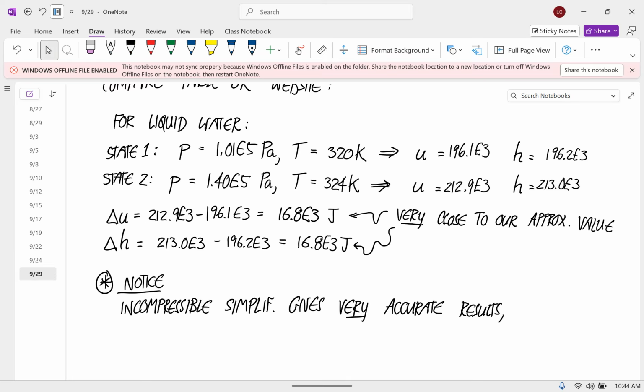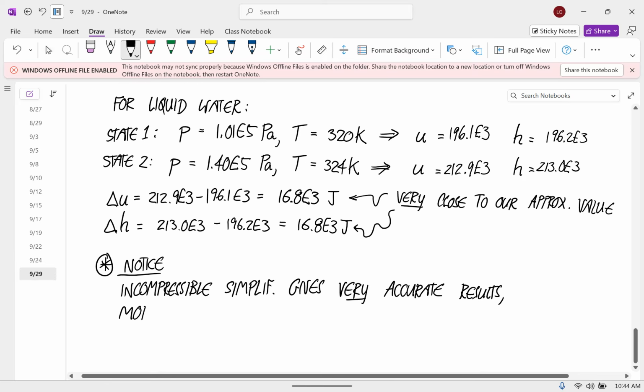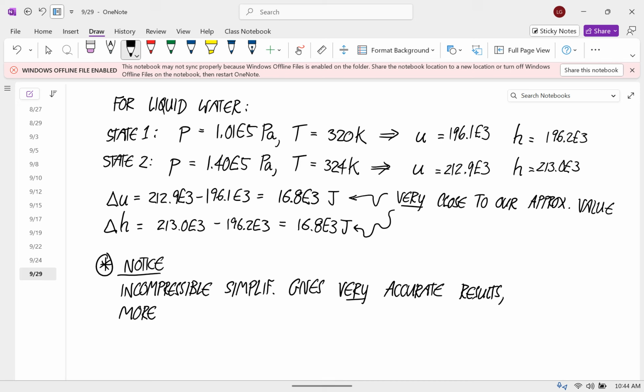And these results are more accurate as the range of temperatures goes down in the process, or more accurate for smaller temperature ranges.